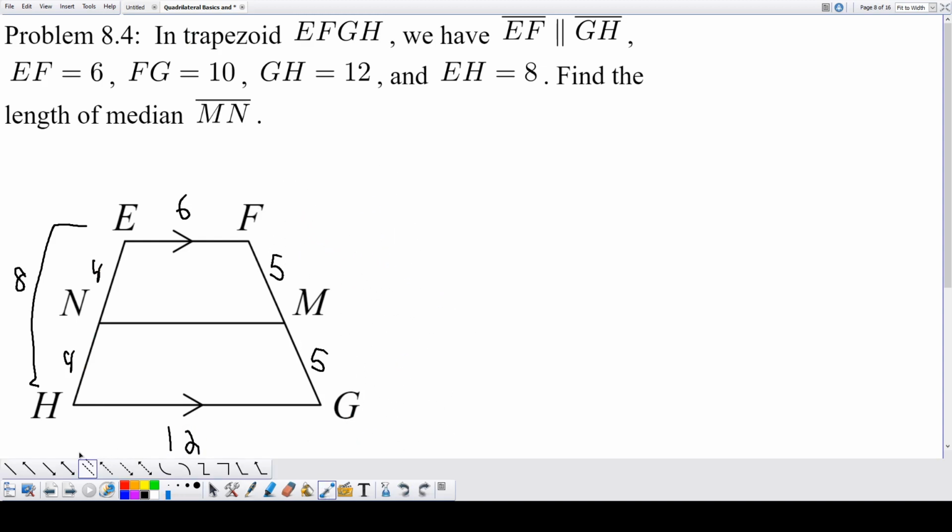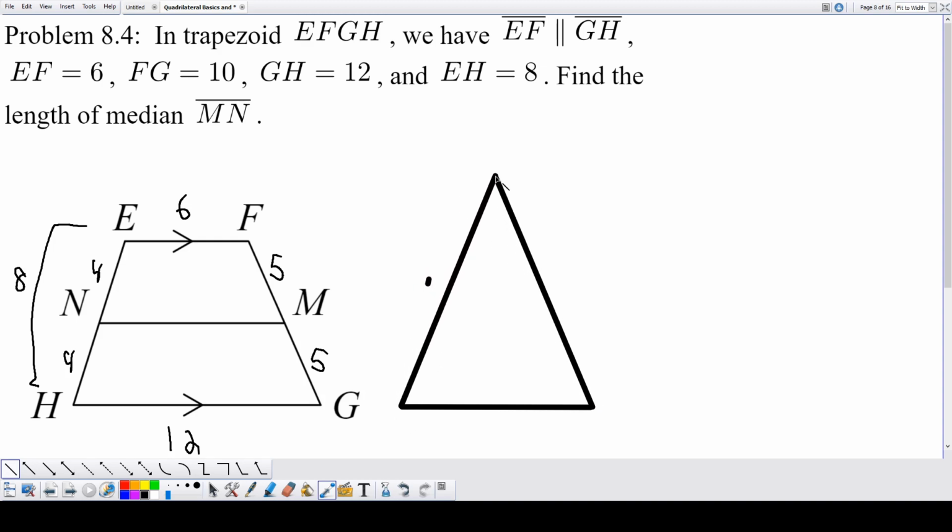Let's draw this diagram again. However, instead, we are going to connect them at a point so that they form a triangle. So, for example, this line right here will be my new EF.